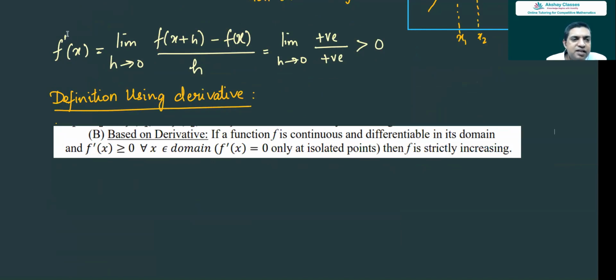So we have seen here that f dash x greater than 0 means it's an increasing function, the slope.